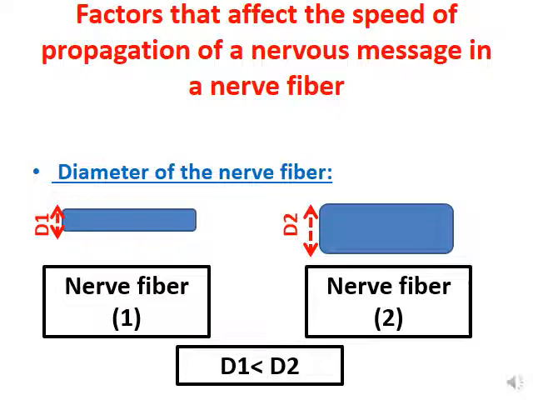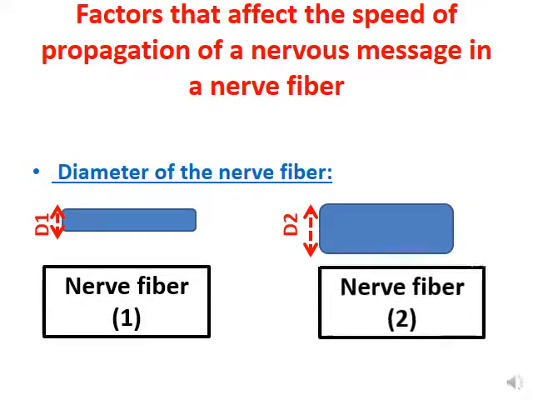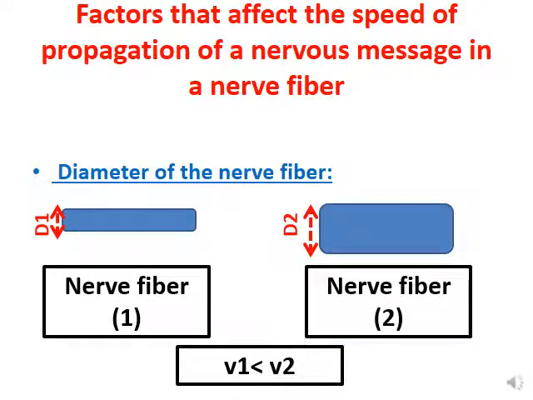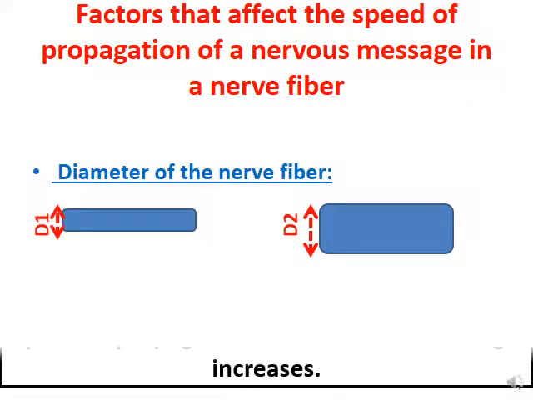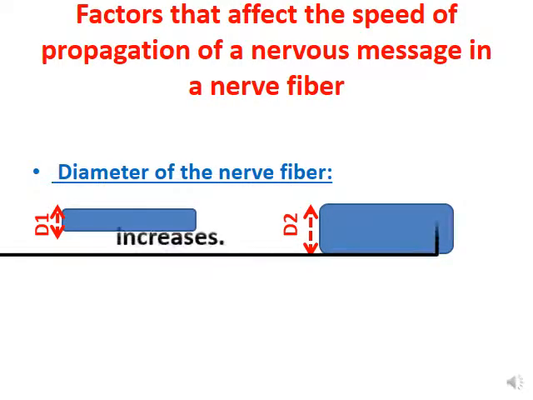So D1 is less than D2, and V2 is greater than V1 due to the larger diameter. As a conclusion, as the diameter of the nerve fiber increases, the speed of propagation of the nervous message also increases.